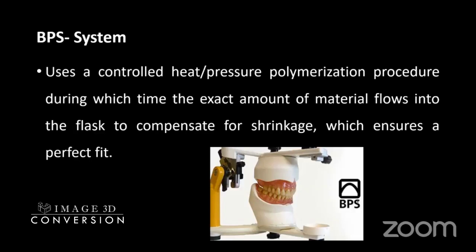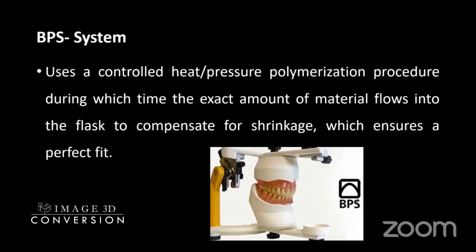to the patient. So this is the system which came in using a controlled heat pressure polymerization procedure, which we also call the injection molding technique, during which, in the curing process of the denture, there is a constant flow of material into the dental flask to compensate for the shrinkage.